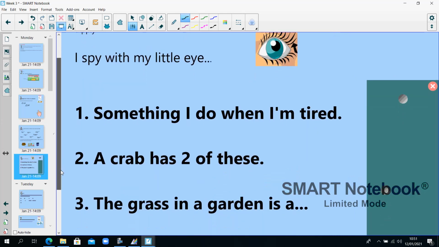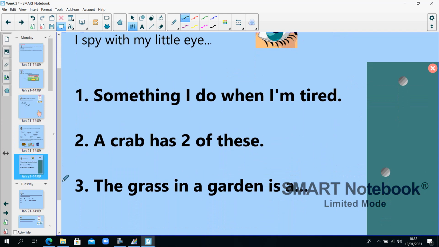Let's try and apply our new phonics. So remember, we're looking at the AW spelling of the OR phoneme. Something I do when I'm tired. Yawn. Y, or, n. Yawn. A crab has 2 of these. Claw.